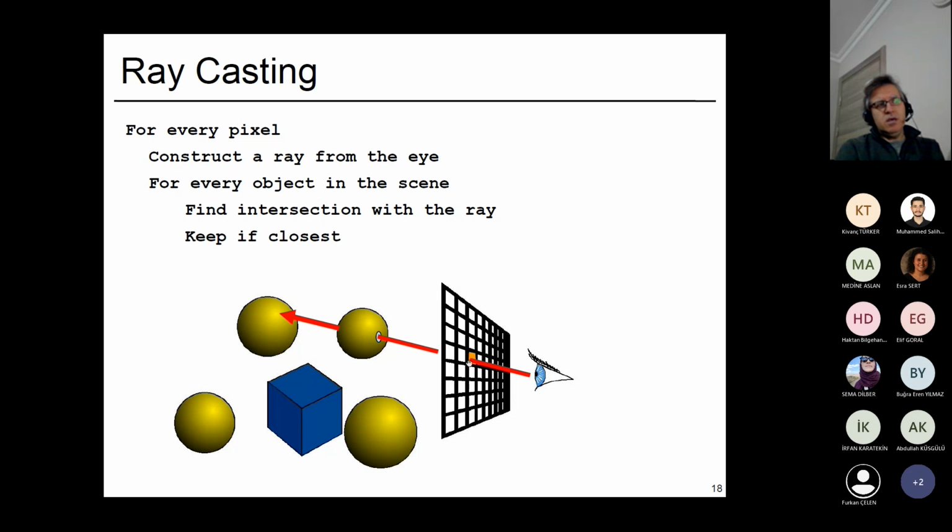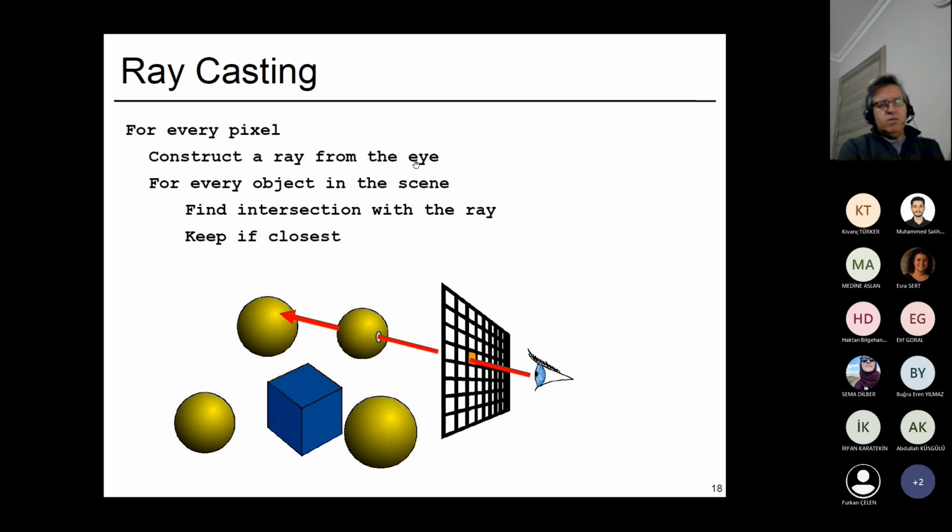You have a pixel here, and then you construct a ray that is coming out from the center of the camera, going through the pixel. Let's say this is the center of the pixel for the time being. This is assuming that your pixels are some sort of rectangular shape. You can choose a center to be where that ray is actually going through. Now we have this ray.